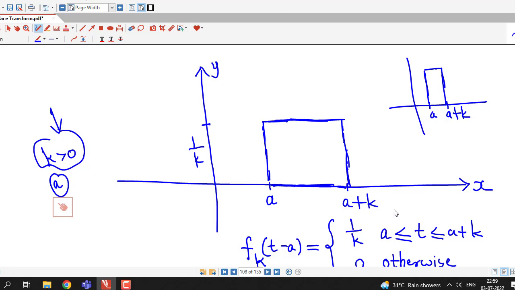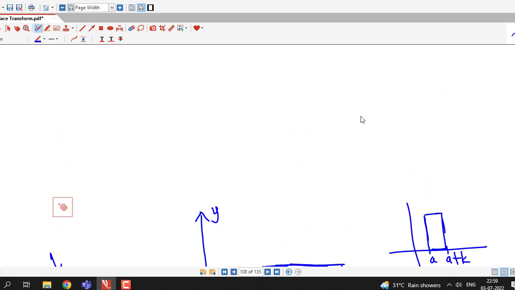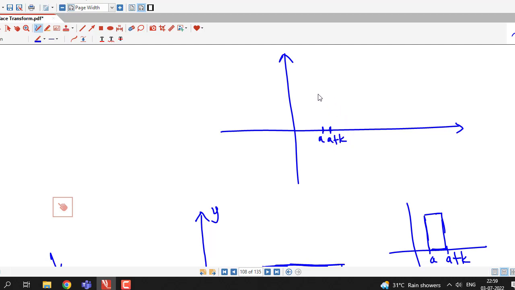It is 1 by k in between these two values and 0 otherwise. Suppose I keep on reducing, and I consider the interval which is small as compared to this interval, a to a plus k, and I keep the definition same.